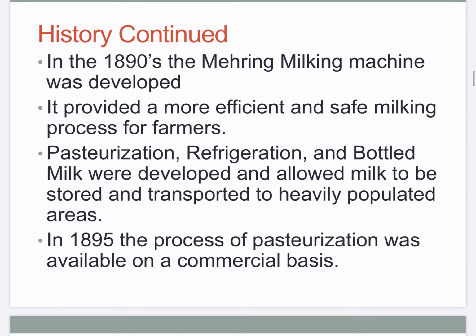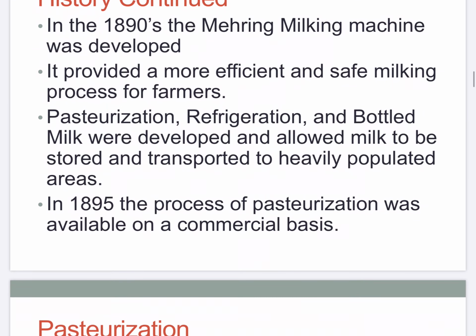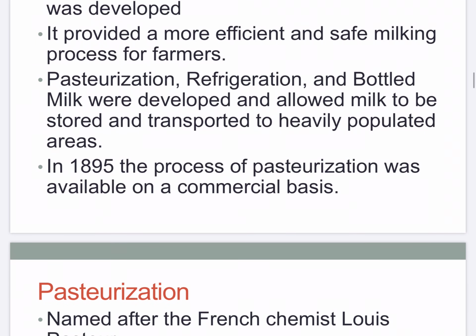In the 1890s, the milking machine was developed. It provided a more efficient and safe milking process for farmers. Pasteurization, refrigeration, and bottled milk were developed and allowed milk to be stored and transported to heavily populated areas. In 1895, the process of pasteurization was available on a commercial basis.